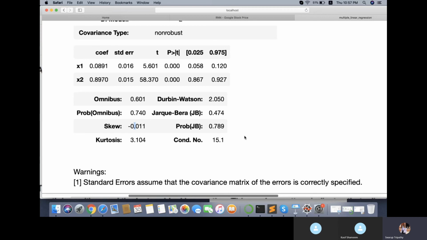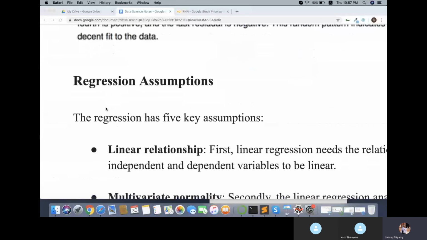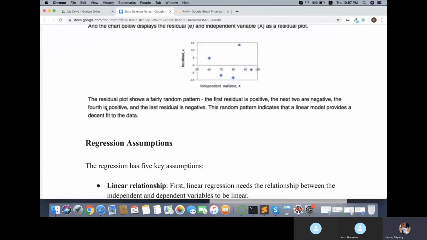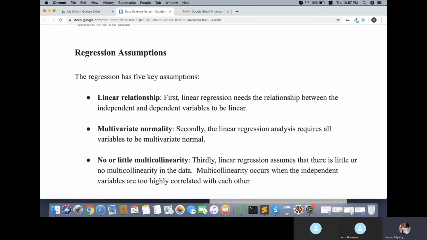In interviews they also ask what the different assumptions of regression are, the 5 key assumptions of regression. What do you assume when you do regression analysis? What do you take as default when you are doing a regression analysis?